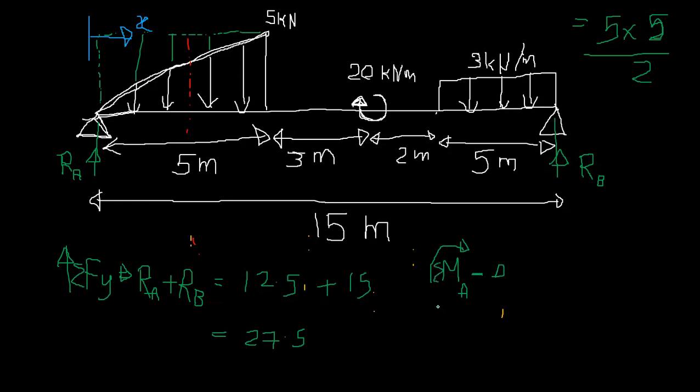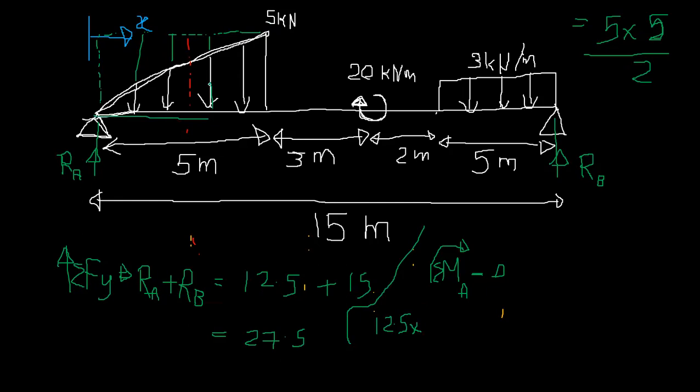You can take a bending moment about A. Sigma M about A is 0, right? So you can take clockwise positive, so these are clockwise, right? So the total load is 12.5, and it's acting at the centroid of this triangle.